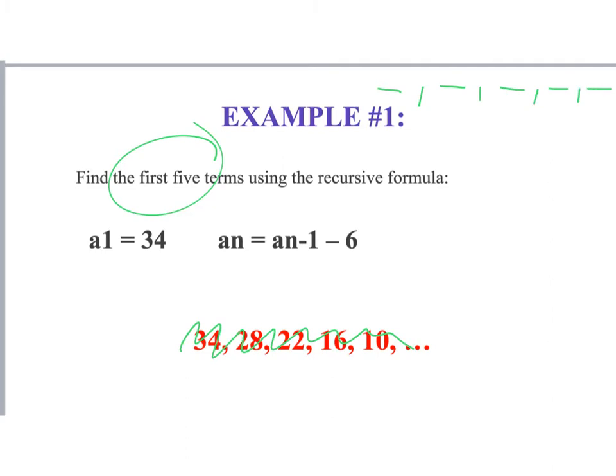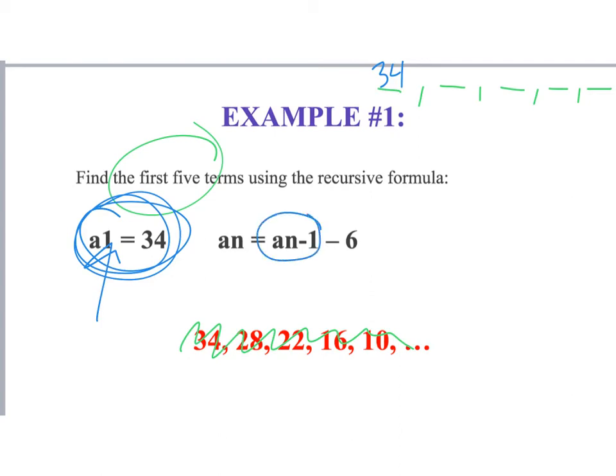I know that my first term is equal to 34 because it is literally telling me that right here. And then in order to find the next terms, all we're going to do is take the previous term and subtract 6.